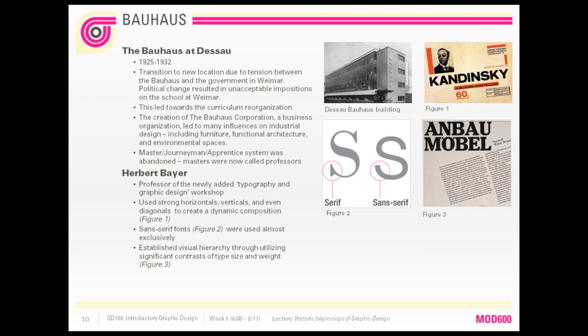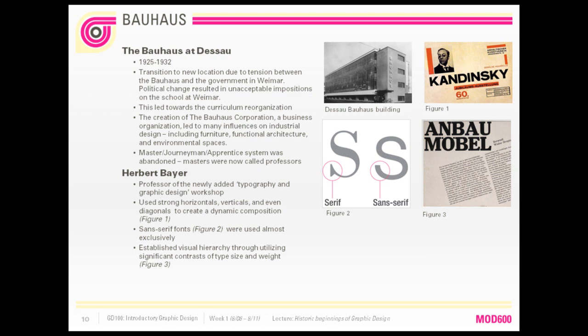So it's a significant event for the Bauhaus. It led to a new curriculum, and they ended up doing away with the master journeyman apprentice system. So now it was simply masters were professors. Herbert Bayer was a professor of typography and graphic design.